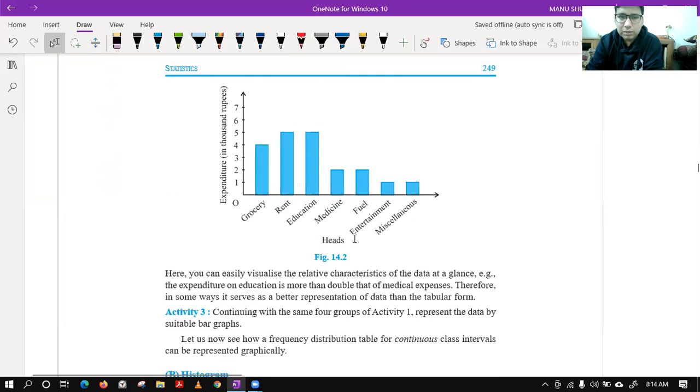You can see simply they have made a bar graph with equal spacing. The spacing between the bars is equal. Second thing, all bars have the same width. It is not like you can make one bar this much thick and the second bar this much. This will be wrong. So you have to use uniform width bars with equal spacing between them. That's it.